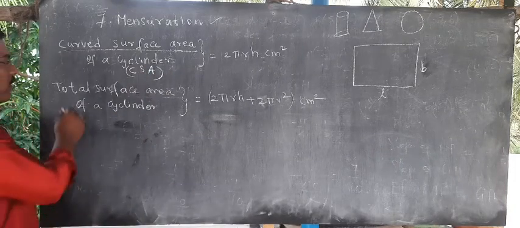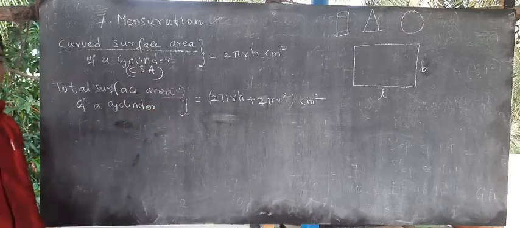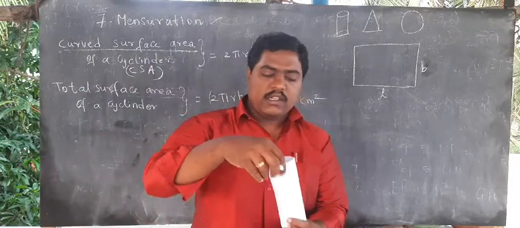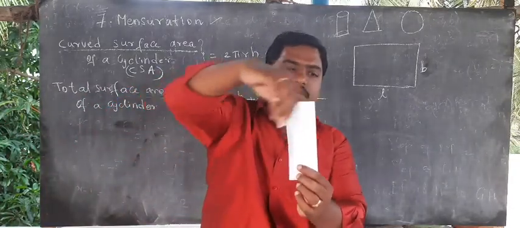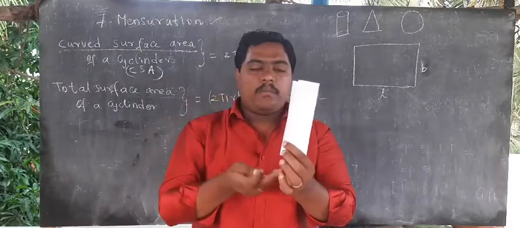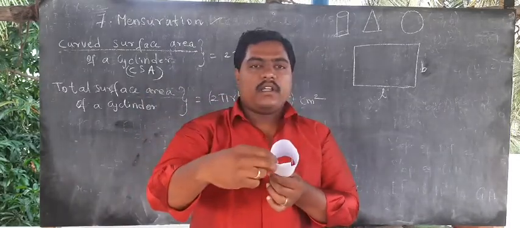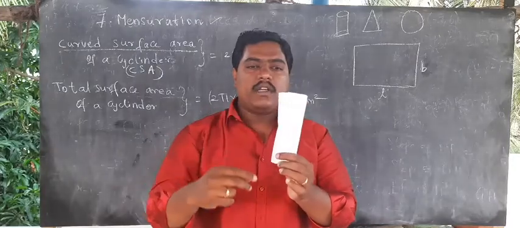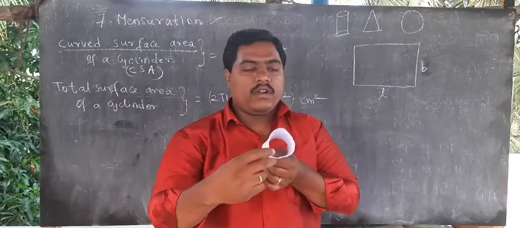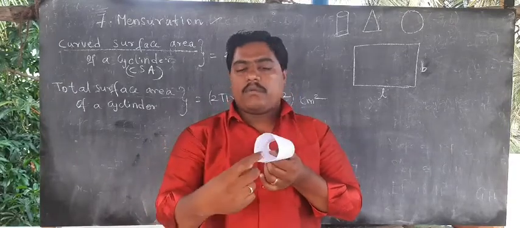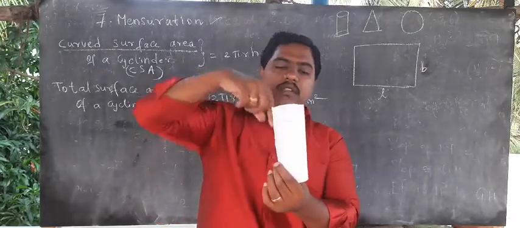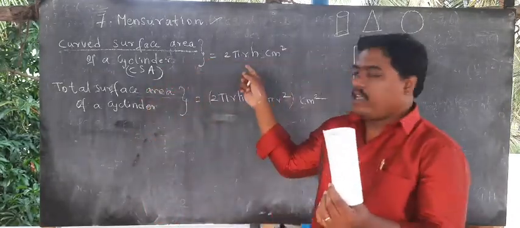And then total surface area of a cylinder: total means the whole area, top and bottom of the cylinder. So top we have one area of a circle, and bottom also an area of a circle. This is 2 pi RH, CSA.